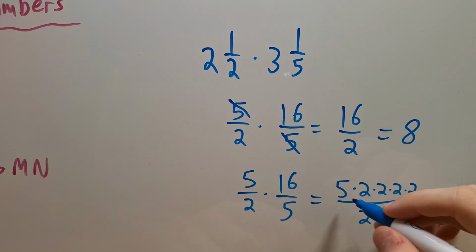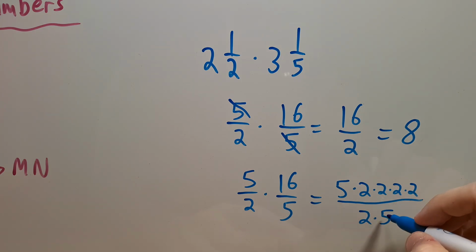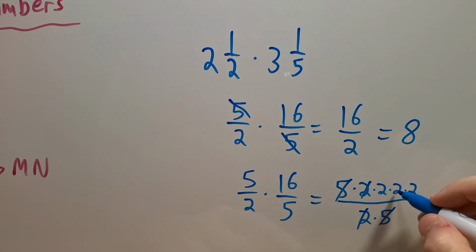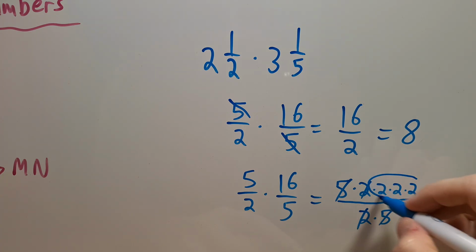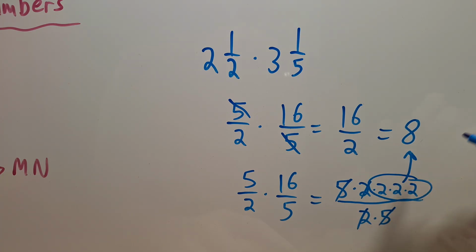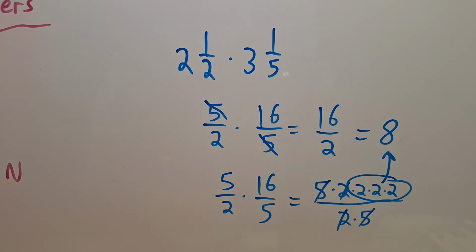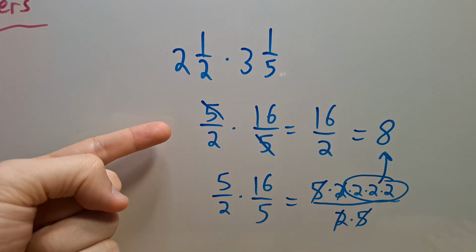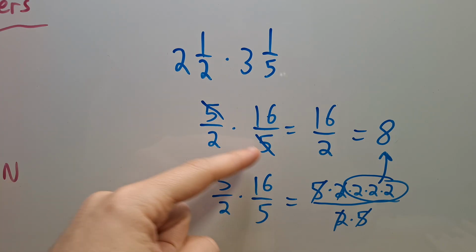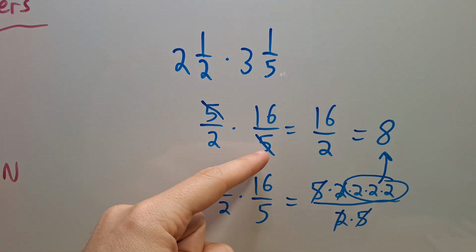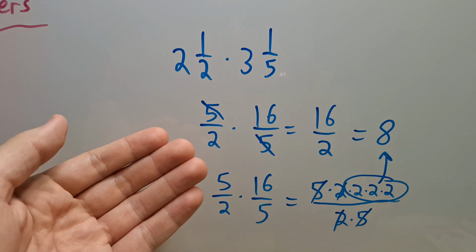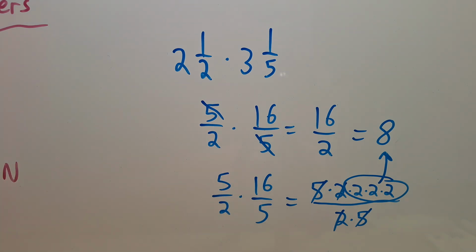And then cancel out any terms that match up top and bottom. 2, 2, 5, 5. And then I'm left with 2 times 2 times 2. That is 8. So either way, I would have gotten the same answer. This just shows you a little bit more of a shortcut. If you're able to cross cancel some terms here, do it. It'll make the simplification process much easier.